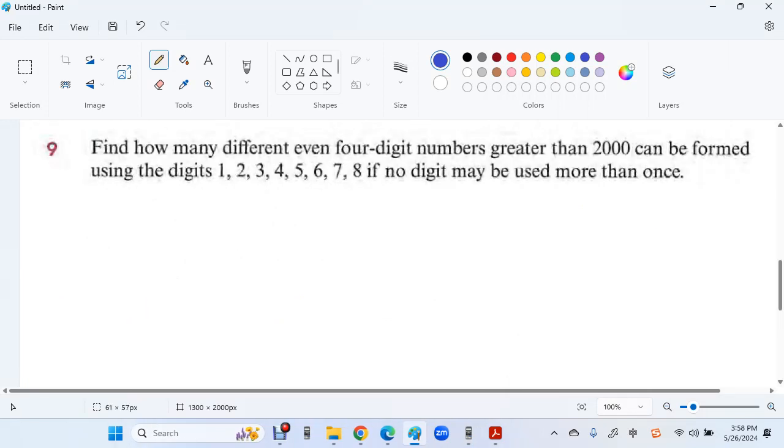So question number 9. Find how many different even 4-digit numbers greater than 2000 can be formed using 1, 2, 3, 4, 5, 6, 7, 8 if no digit may be used more than once.